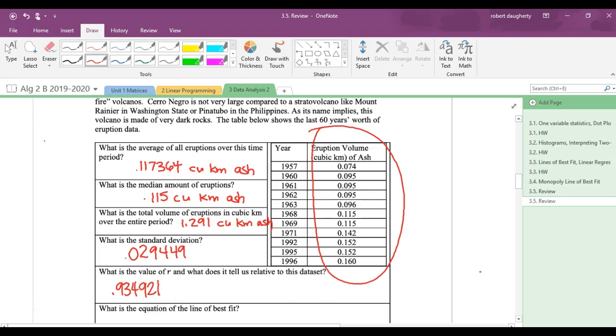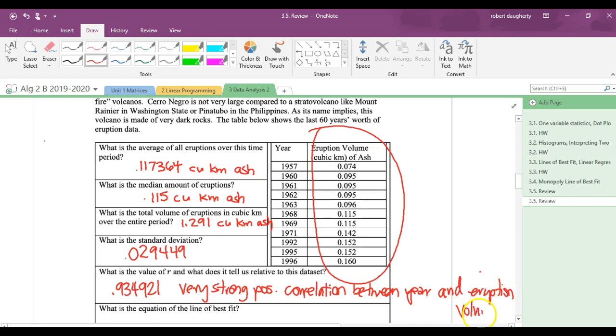It tells us that this is a very strong positive correlation between the year and the eruption volume. Okay, I know it looks like a lot of words. This is just coming straight out of the word problem. What am I correlating? I'm correlating the year versus the eruption volume.